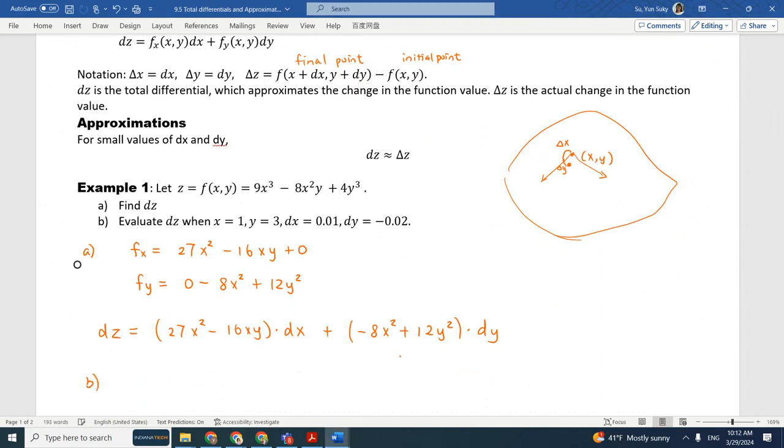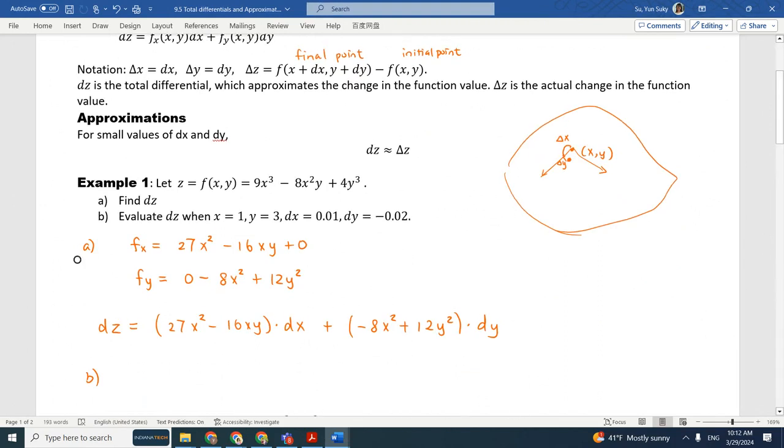Part B, we're going to plug in numbers. Evaluate dz when x is 1 and y is 3. dx is 0.01, dy is negative 0.02. So dz is 27. What is x? 1. What is 1 squared? 1.